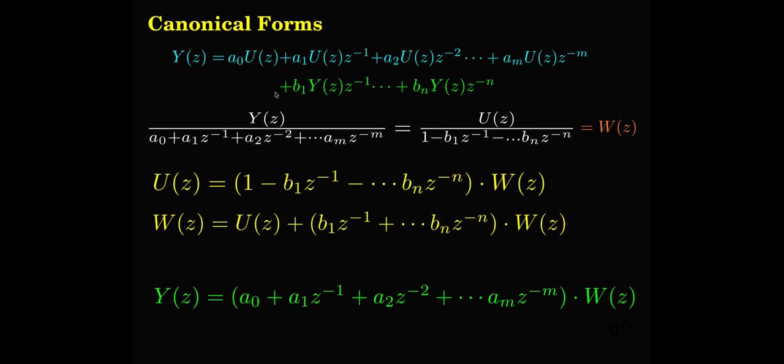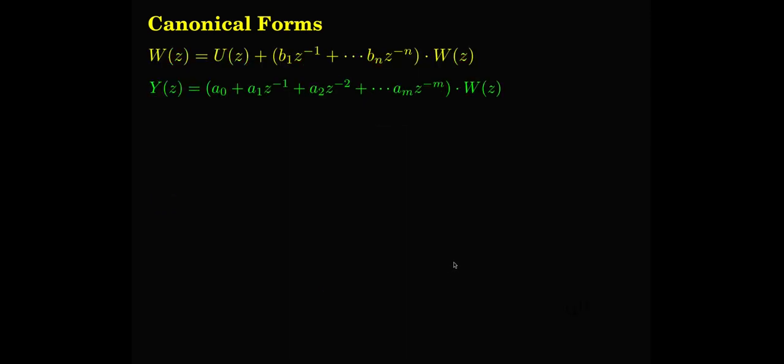Then take this one equal to W(z). So Y(z) is equal to a0 plus a1 z to the power of minus 1 plus so on up to am z to the power of minus m, into W(z). So this is the other equation that we have with us. These two equations I am again rewriting here.